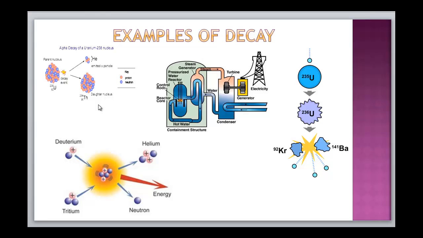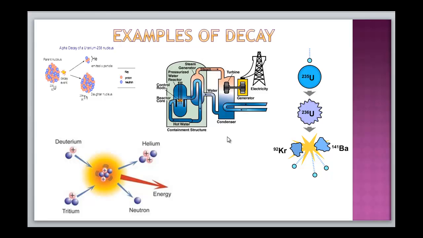So this uranium emitted this helium particle, which is an alpha decay, and it created this thorium as well. Also, we can have breaking down a larger element, such as uranium, into two other components that we see here. And this is the example of what is taking place in a nuclear reaction.